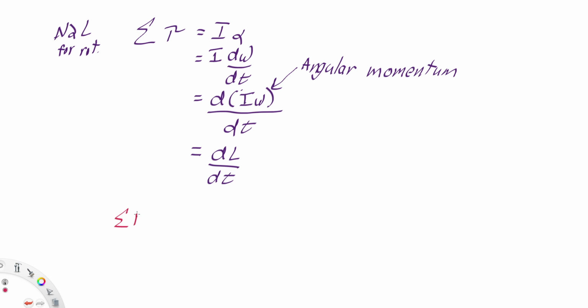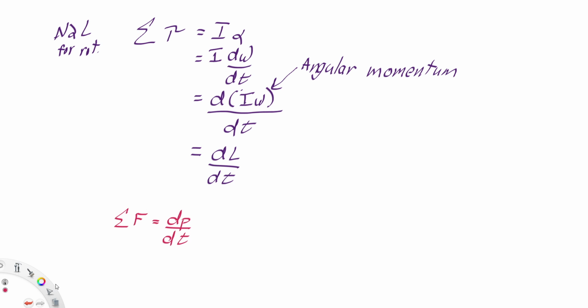In the linear case, we have sum of forces equals dp dt, and we will frequently prefer this version of Newton's second law, because if mass is constant, this reduces down to F equals ma. If mass is not constant, like for rocket engines, it allows us to analyze that too.